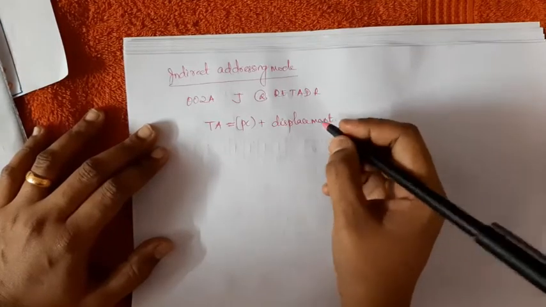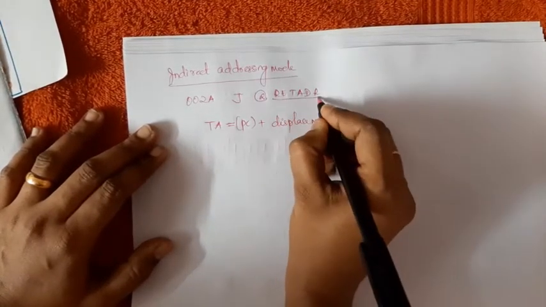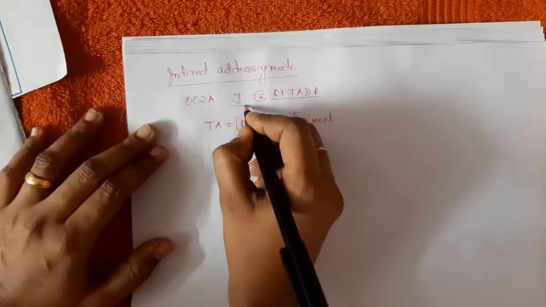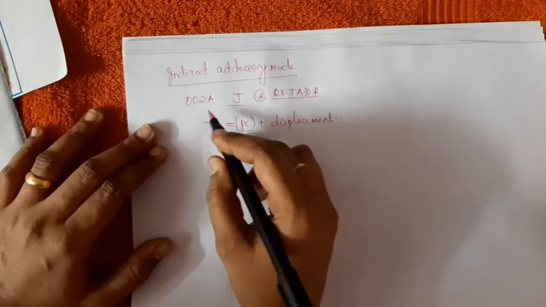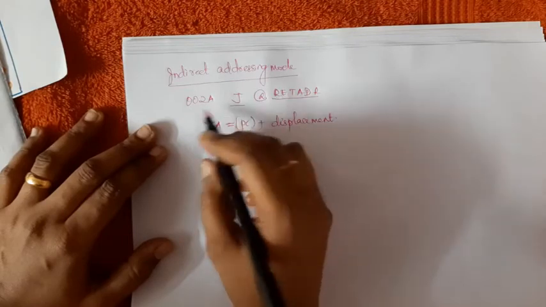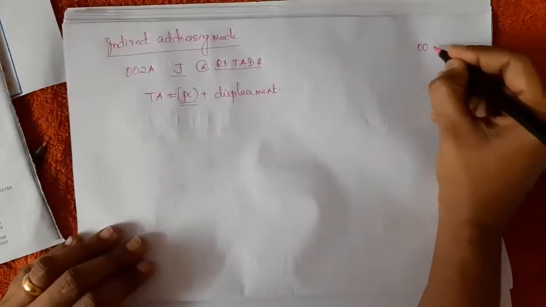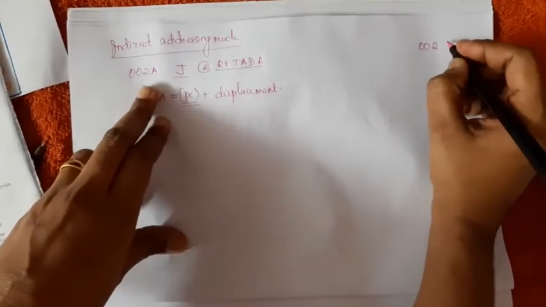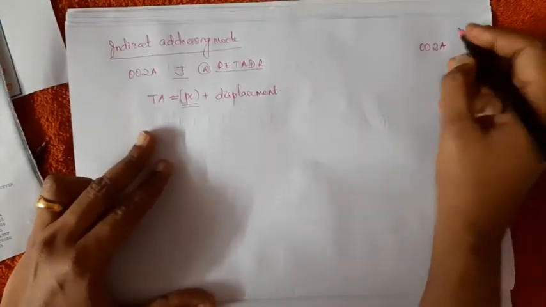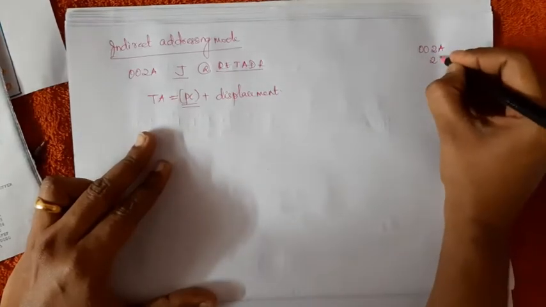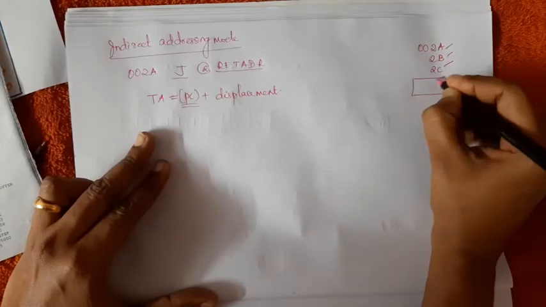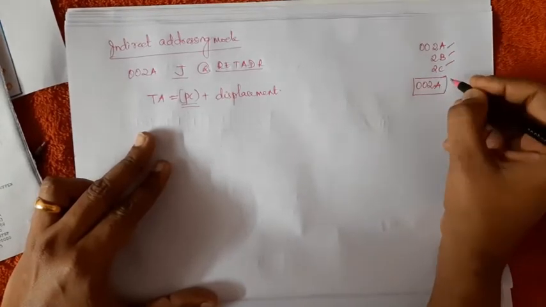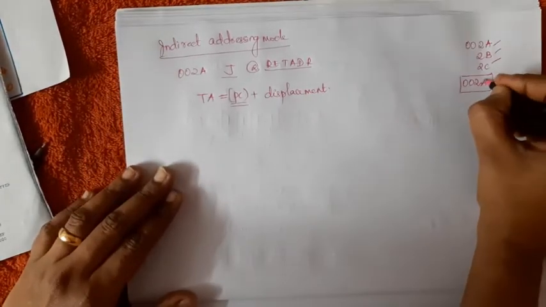Now we have to find the target address value and the opcode value, and finally the program counter, which holds the next address of the instruction to be fetched from this initial address. The instruction starts at 2A. It is a format 3 instruction, so we go to 2B, 2C, skip these, and the next instruction would be 2D.